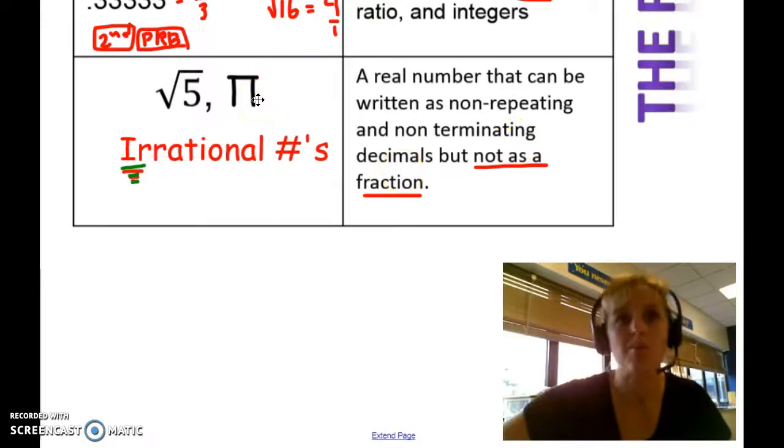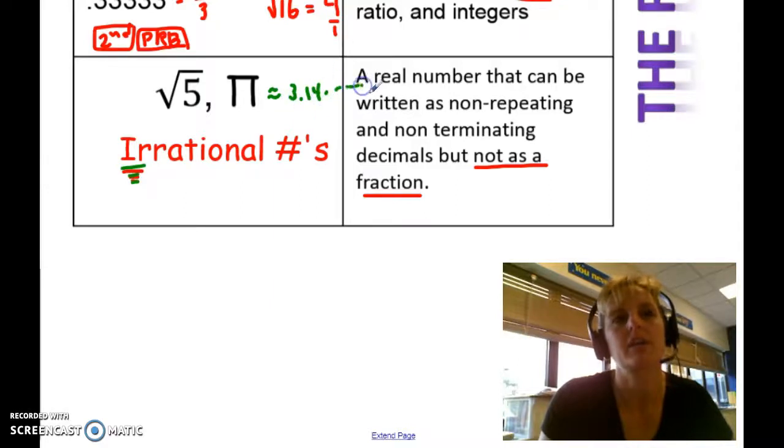You should have learned about pi last year. The approximate value of pi, if you punch it into your calculator, you get approximately 3.14, but that value keeps going, all right? It's a non-terminating decimal with non-repeating decimal digits. If you try to hit second PRB, it will not turn it into a fraction for you. That's why we call this an irrational number.